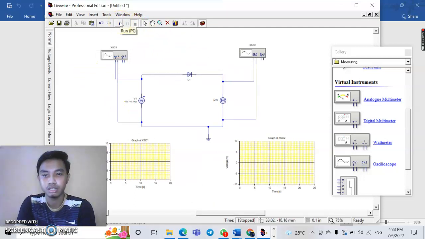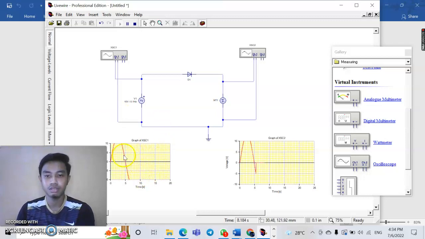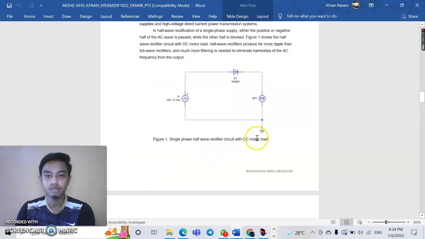So here we get the final output for the single phase half wave rectifier circuit with DC motor load.